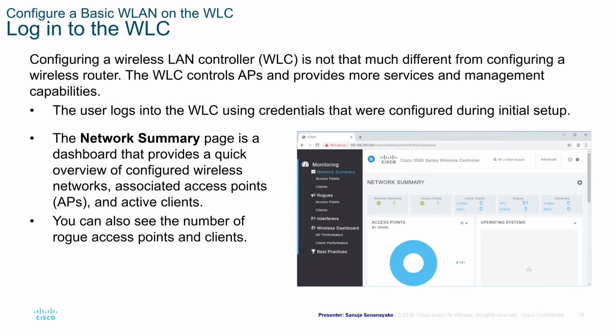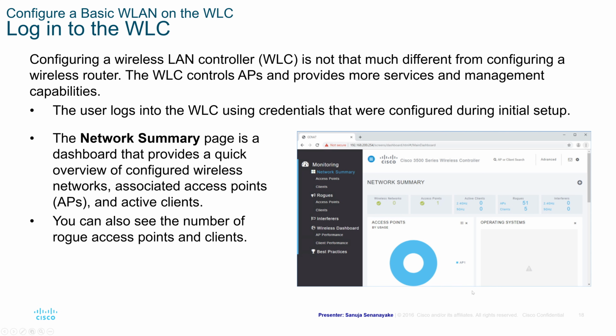The network summary page is a dashboard that provides a quick overview of configured wireless networks, associated access points, also known as APs, and active clients on Cisco devices. So on Cisco WLCs, the summary page, which is the main page when you log in, will provide some basic data associated with that device. In this case, a Cisco 3500 series wireless controller.